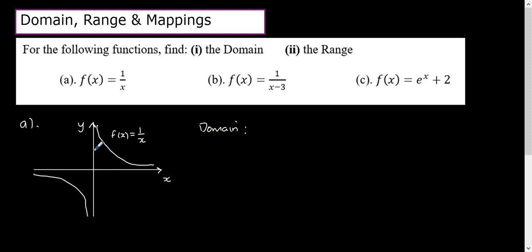If I substitute any positive number in, I will get a y value out. The only value that will not work for this function is x equals 0. And so if we were to write the domain for this, we must list the fact that x cannot be 0. So our domain will be x not equal to 0.